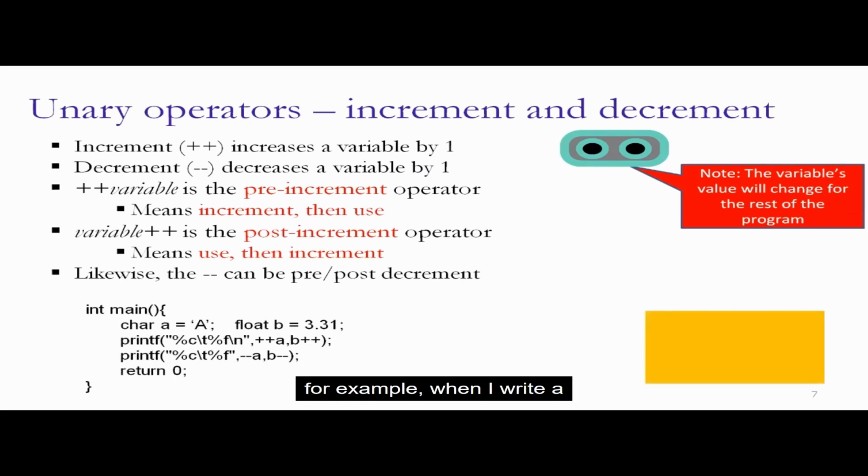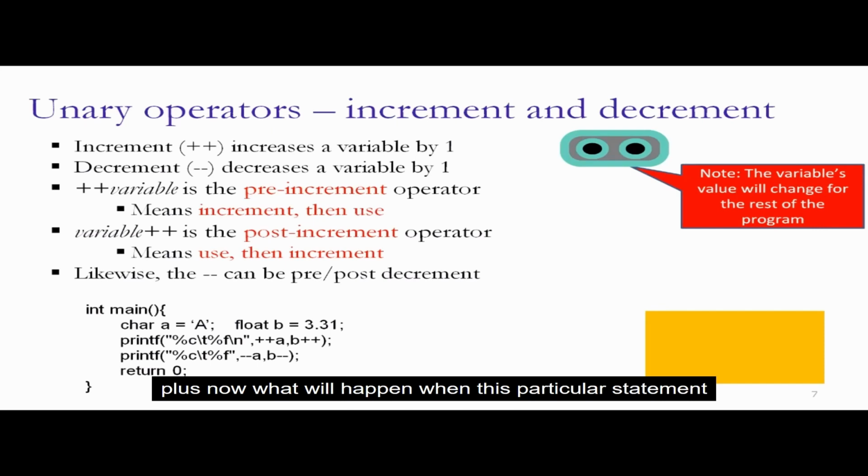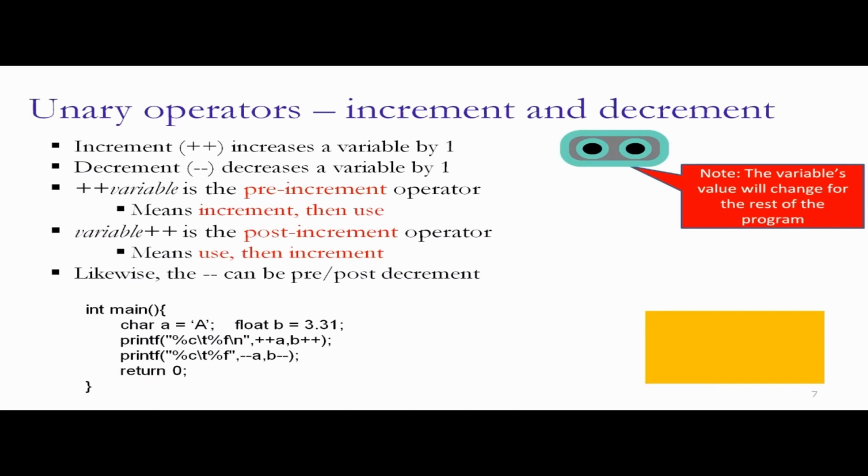So for example, when I write a program that looks like this, I can specify char A to be equal to capital A. I can specify float B to be equal to 3.31. And then I can print plus plus A and I can print B plus plus. Now what will happen when this particular statement is evaluated?